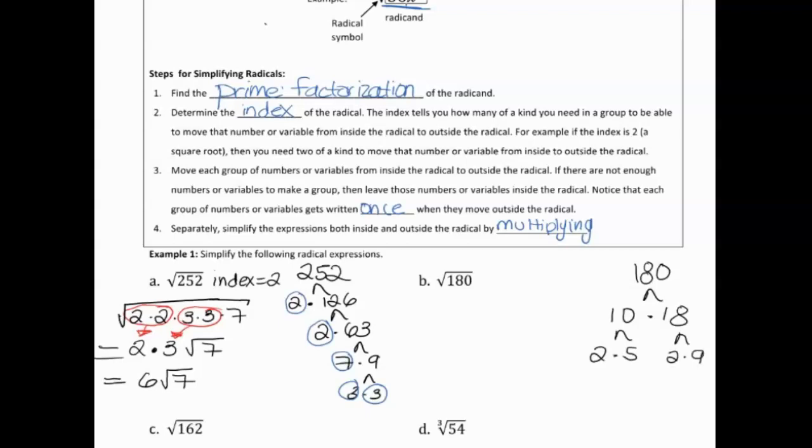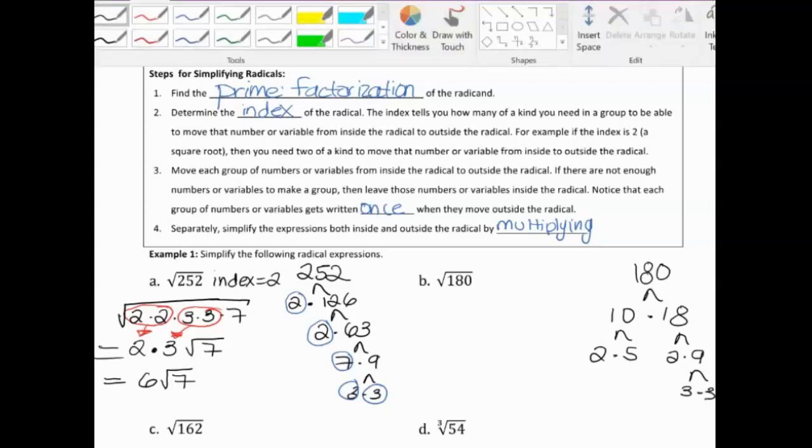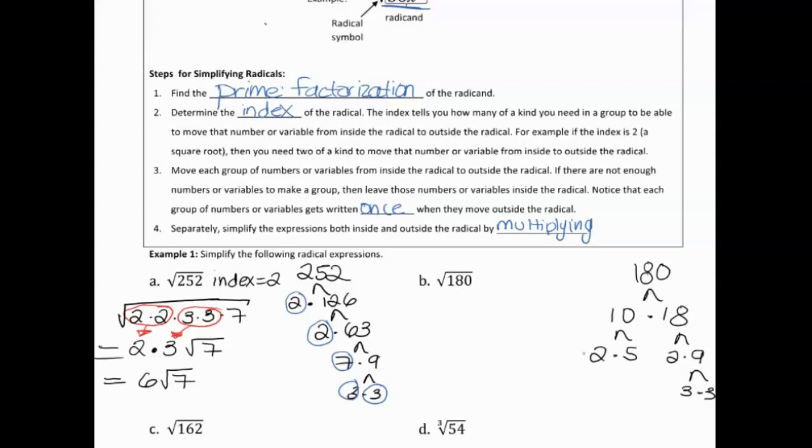Now from here, the 2 and the 5 are already prime numbers, and I can break down the 9 into 3 times 3. So my prime factors are going to be 2, 5, 2, 3, and 3.